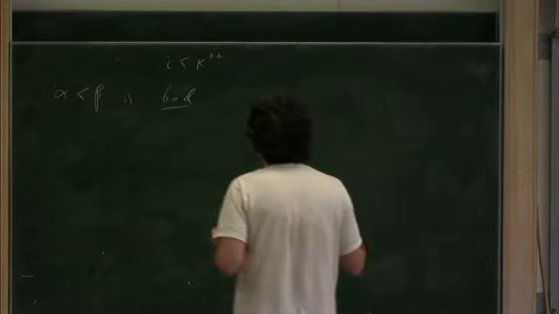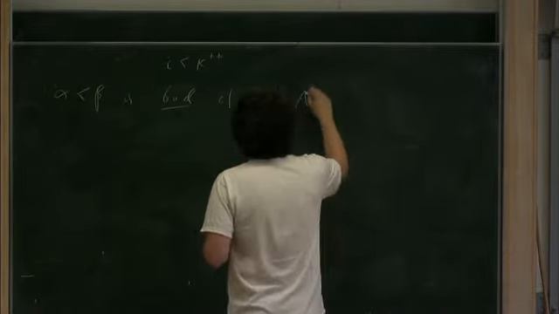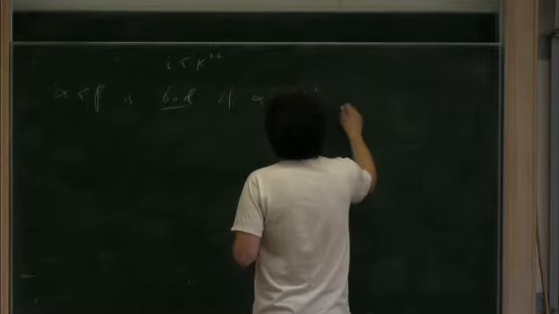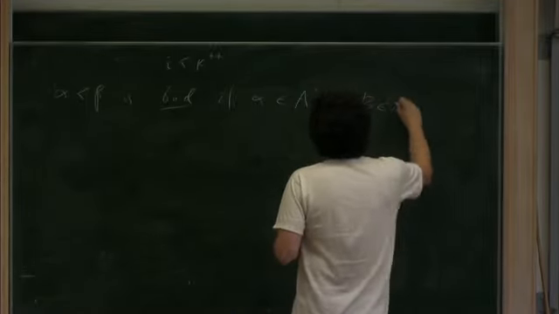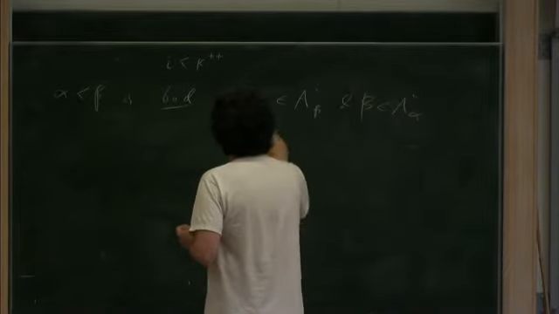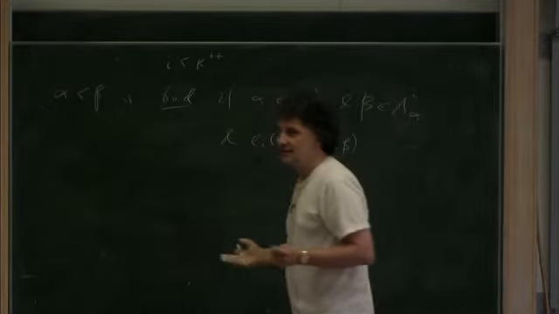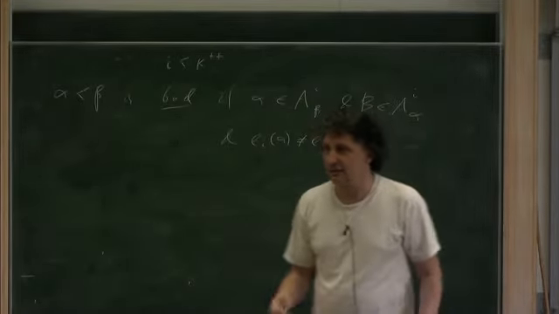What's the bad configuration? If alpha shows up in beta's set and beta shows up in alpha's set, and e_i of alpha is not the same as e_i of beta, that's the bad configuration.